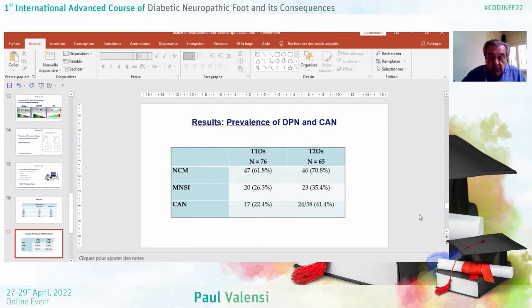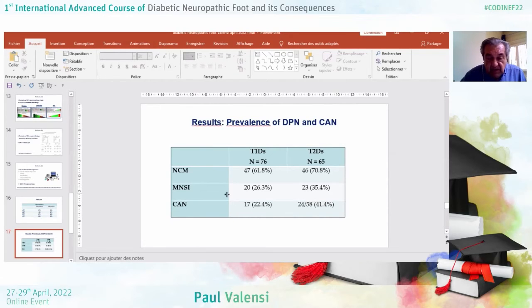Now, if we consider two abnormal tests when using the Nerve Check Master, we had around 60% of patients with type 1 and 70% of patients with type 2 who had evidence for peripheral neuropathy.